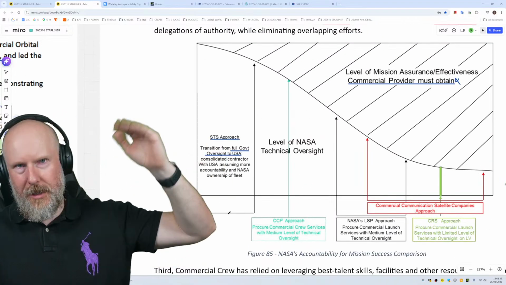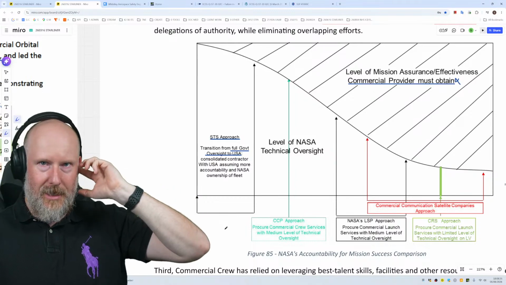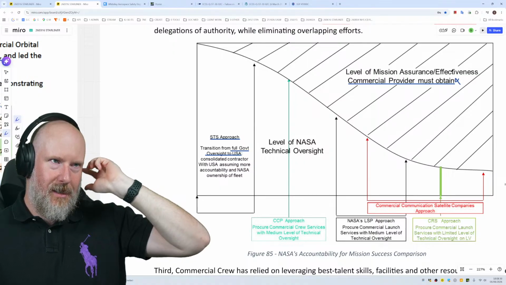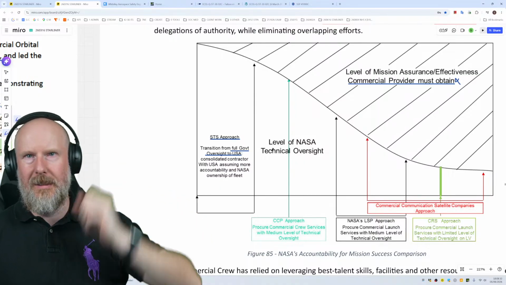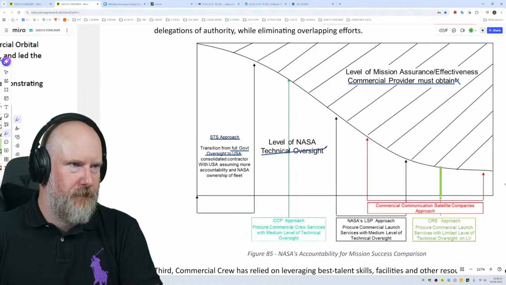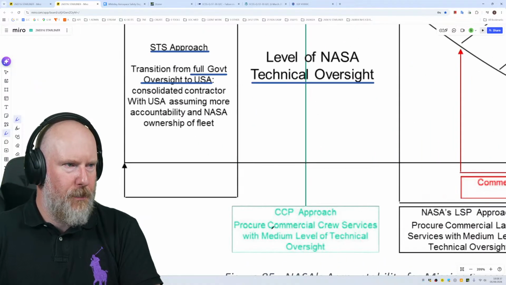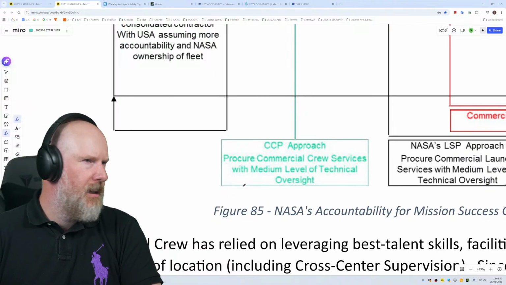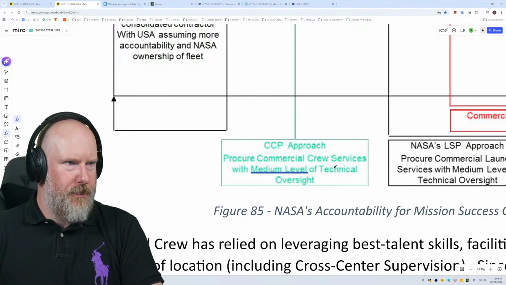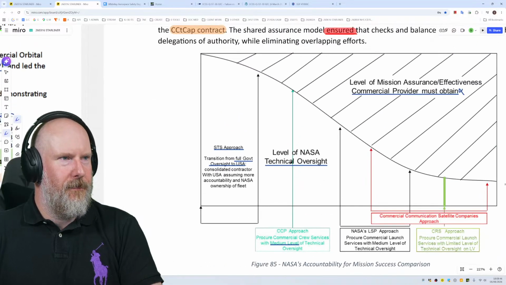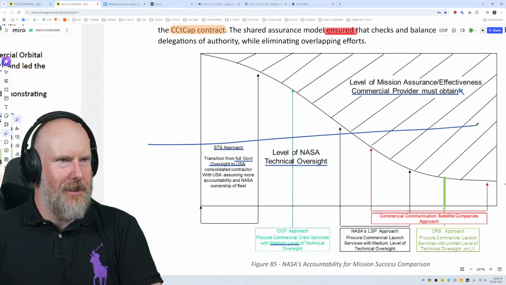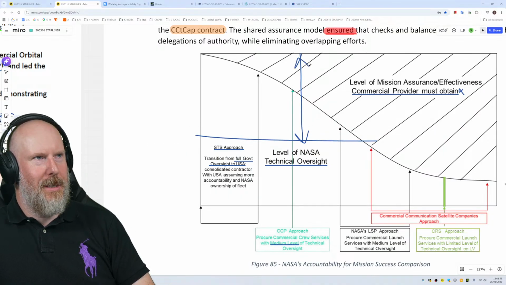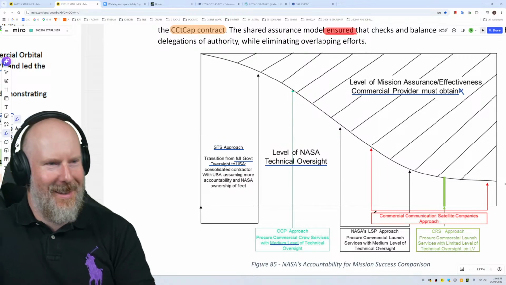This graph, the vertical line, is the level of technical oversight. And this is the switchover between NASA technical oversight and the commercial provider. So the CCP approach, procure commercial crew services with medium level of technical oversight. Well, I would have thought medium's about here, in the middle. I suppose that's medium of the medium. Is it upper medium? I don't know.